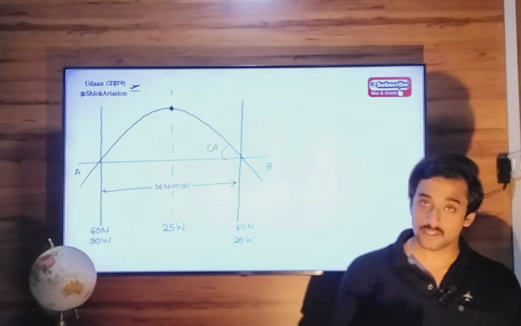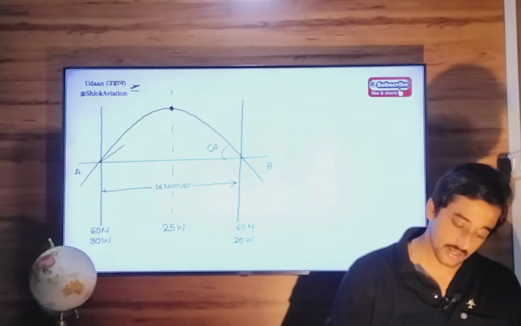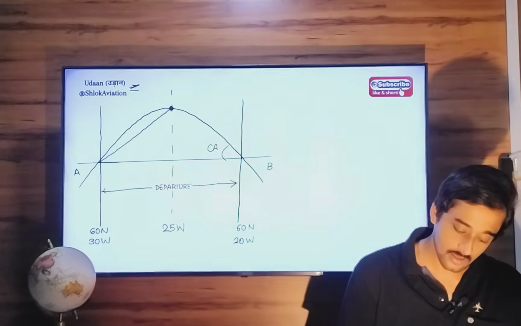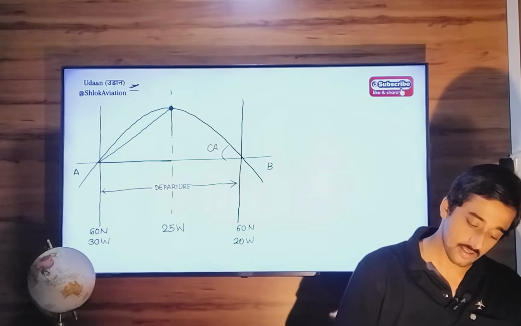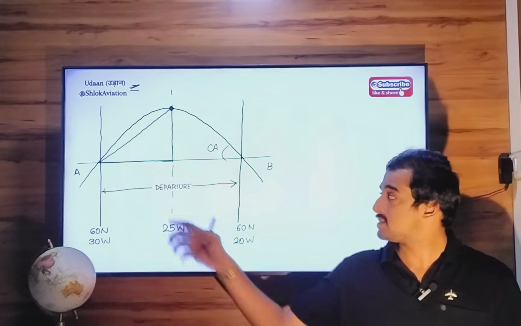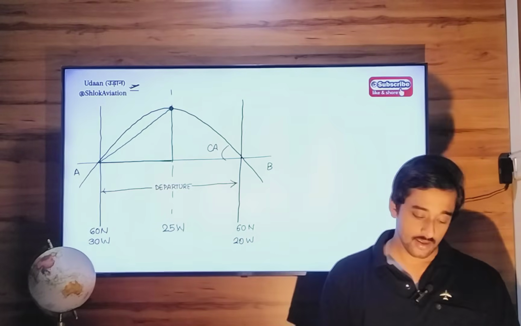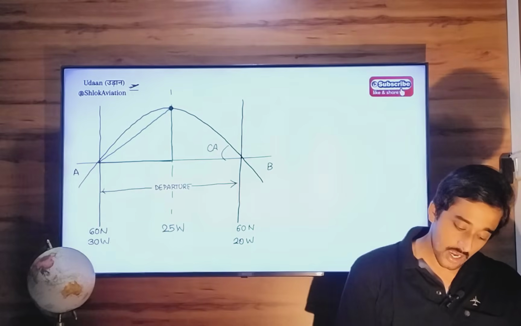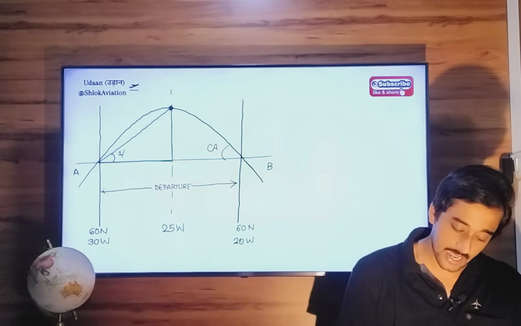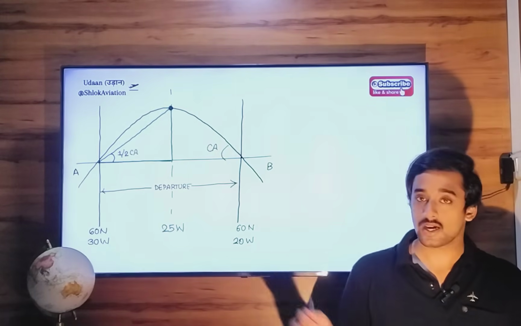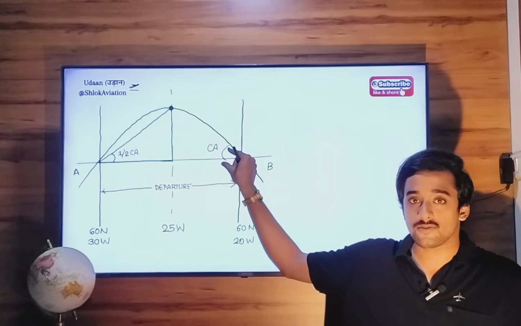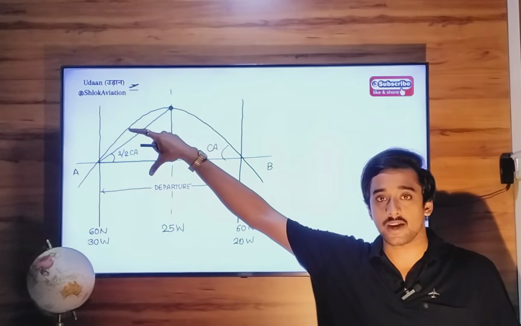Now your next step will be to draw a triangle here, this triangle. Now the angle inside this triangle will be nothing but half of convergency angle, right? So the convergency angle is here. Similarly, this convergency angle will be on this side of the triangle also.